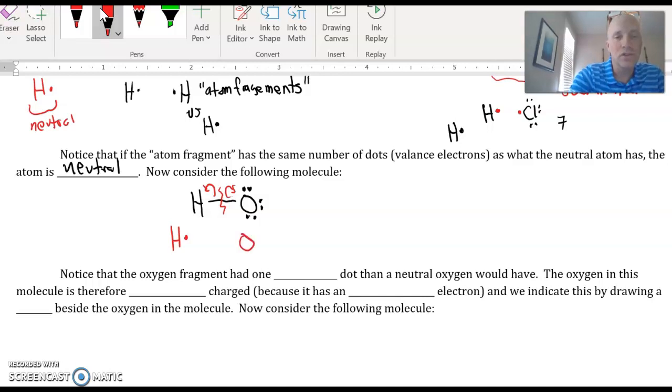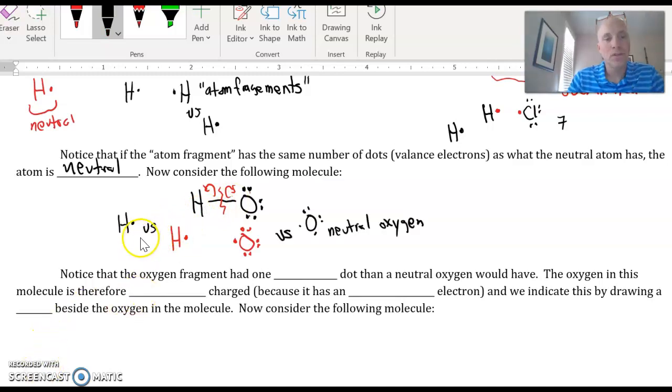The oxygen is going to have the lone pairs, which were shown in the structure, but it's going to get this last single dot right here, which came from the one electron from this bond. And what we want to do is compare these to what their neutral dot structures would be.